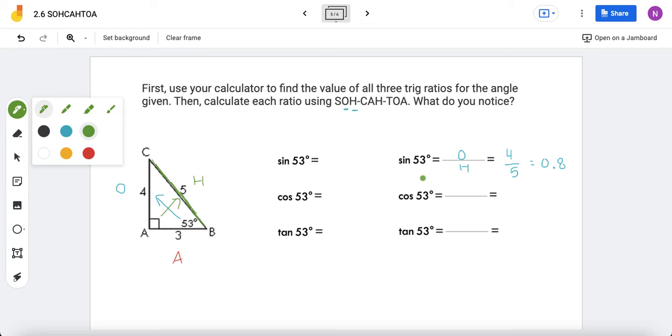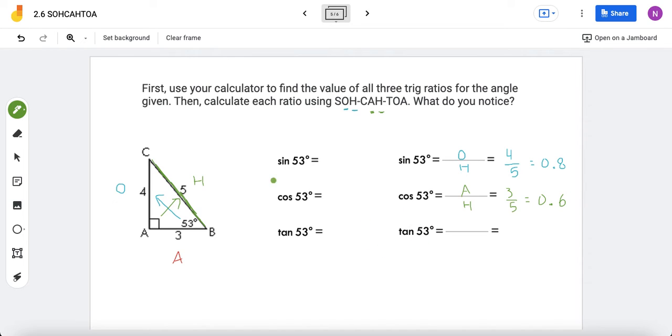Okay, next one, let's find cosine of this angle. So remember, cosine is adjacent over hypotenuse. So the adjacent side here, we know is 3. The hypotenuse we know is 5. And 3 divided by 5, that's just 0.6.